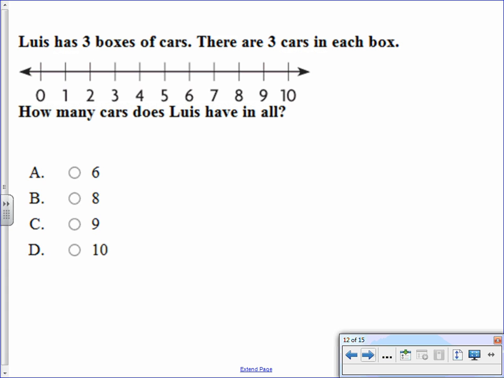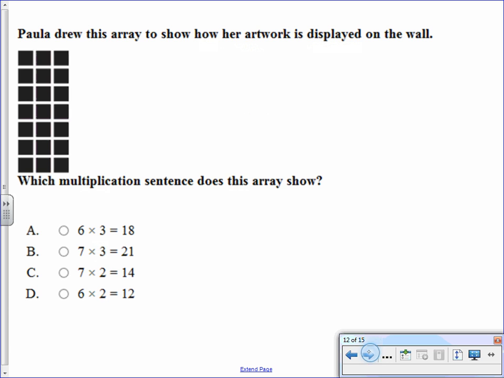How many times do I have to skip count by 3? 3 times. Excellent. So we always start on 0, right? So here we go. 3, 6, 9. Great. So he has 9 cars. Now there will be questions on your math test that will give you that number line. That's a nice little treat.